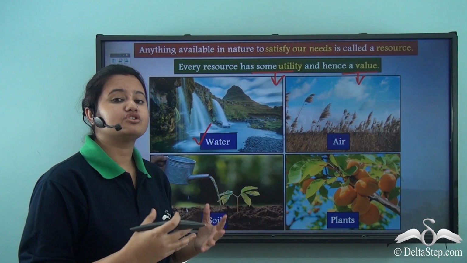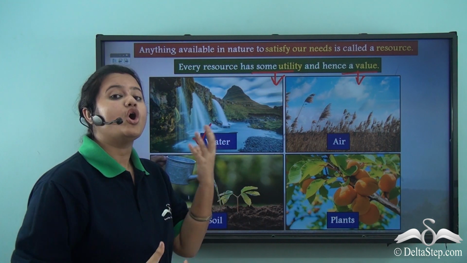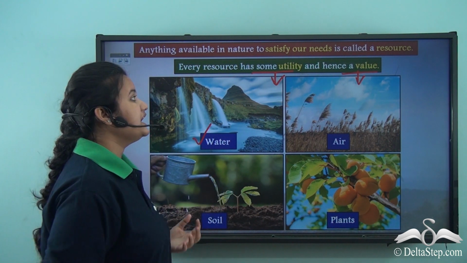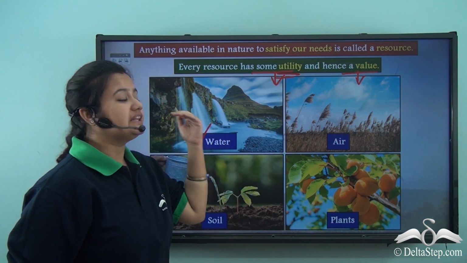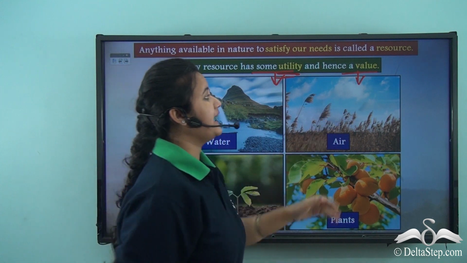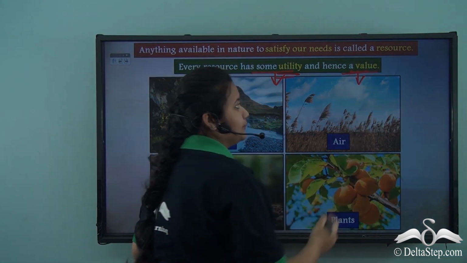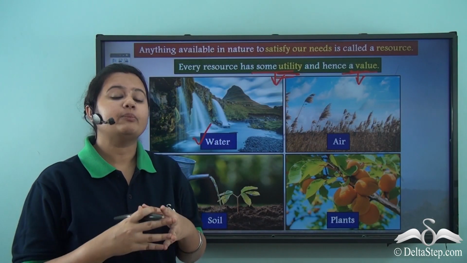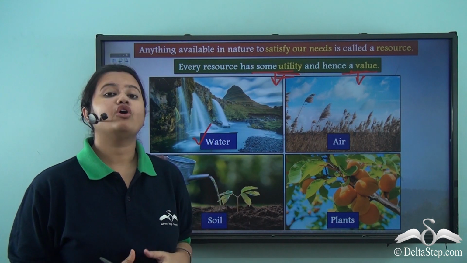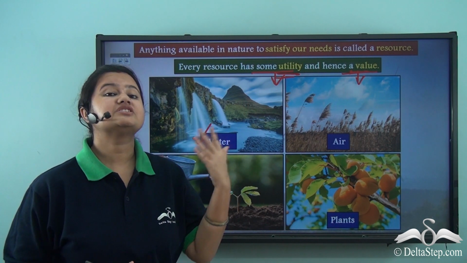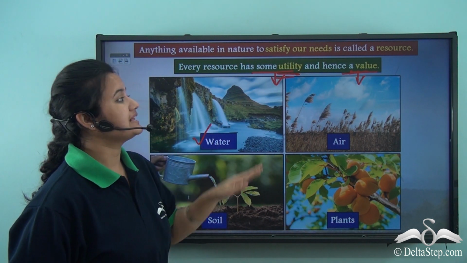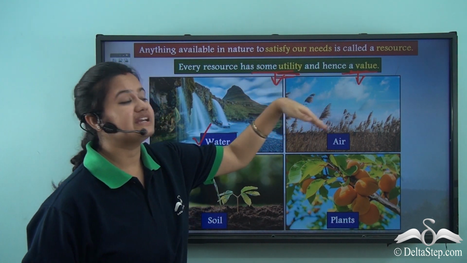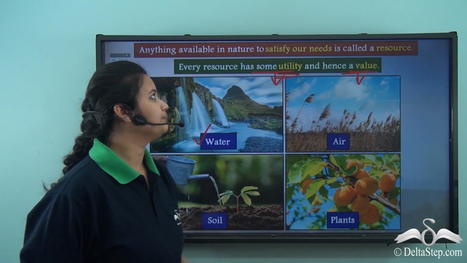So, using water for cooking, drinking and for obtaining hydroelectricity is known as the utility of water. And for this reason, water has an economic value. This is to say that when you buy a Bisleri bottle of 1 liter, you pay rupees 20 for it. So, every resource has some utility and hence it is assigned a value.